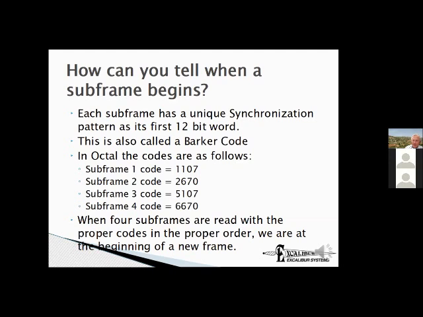If I get these 4 values in 4 consecutive seconds, then I know exactly where I am within the frame. So I might wait up to 4 seconds to see the first subframe sync, and from there, I know I have to wait another 3 seconds till I see the next 3. Only then do I know where I am and can I start recording.